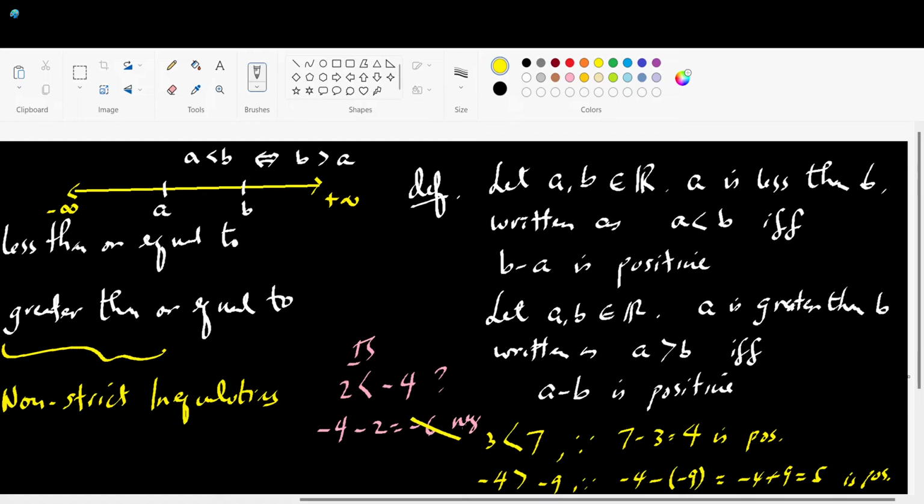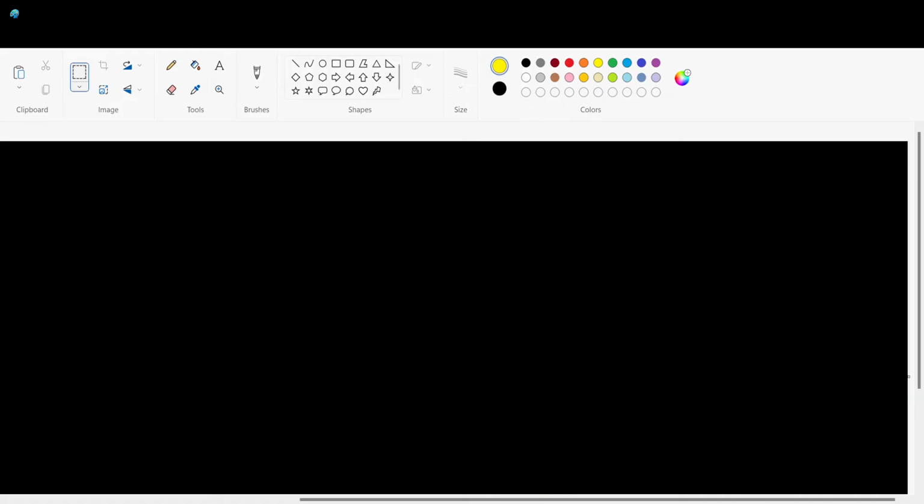So it is not true that 2 is less than negative 4, because the requirement for less than is that when you subtract 2 from negative 4, it must be positive. But in this case, we have shown that it is negative. So therefore, that relation does not exist.